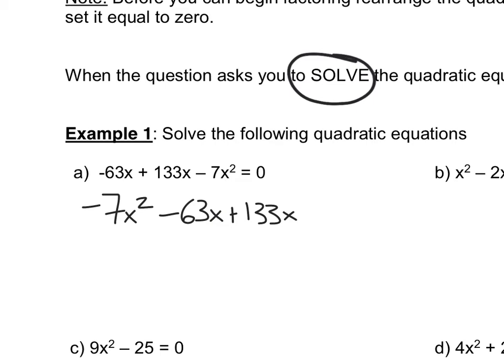Now, when I said negative 63x and 133x, we should have thought to ourselves, why are those two terms separated? They're both like terms. So like terms should be collected. They should go together. So right now I'm going to add negative 63 to 133 and end up with positive 70x.